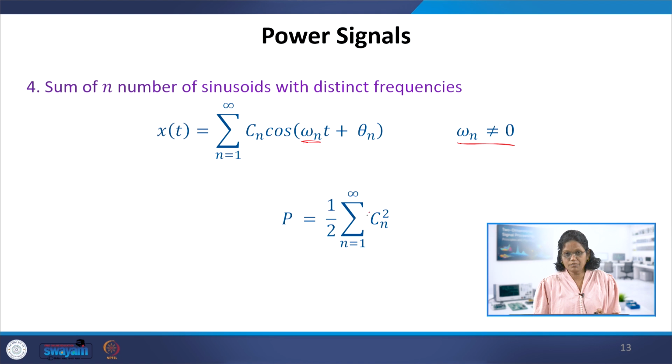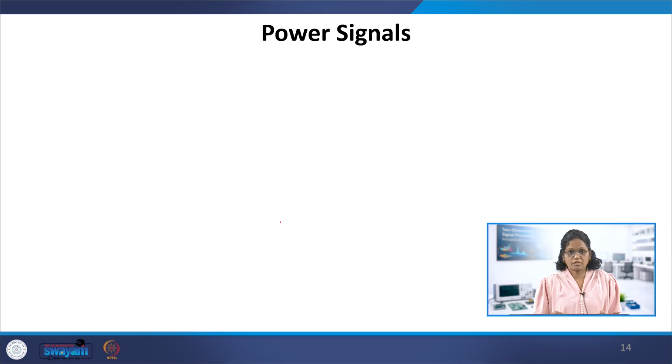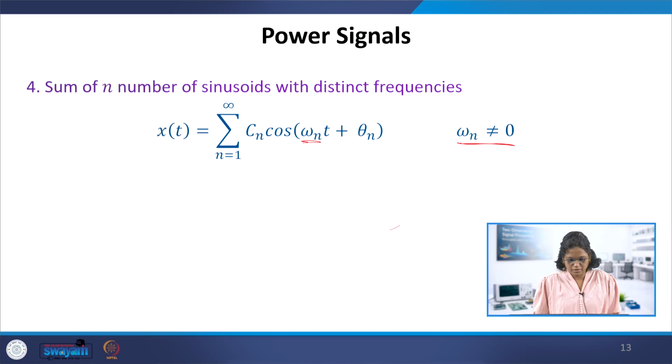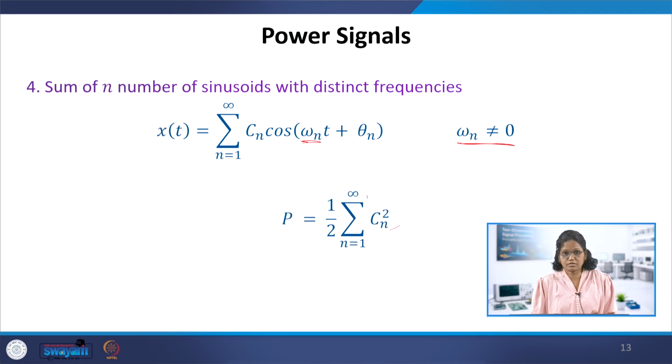So this Cn is the amplitude of the sinusoid, which gives the power, and we can also find the RMS value, which is going to be the root of this summation.